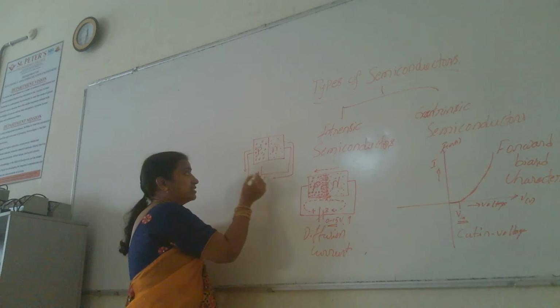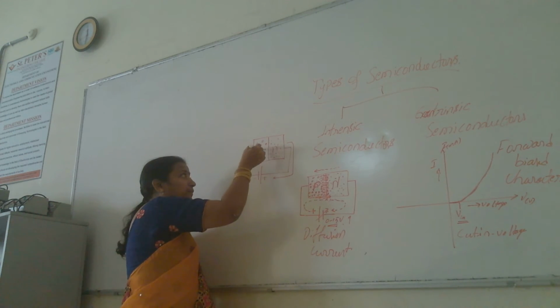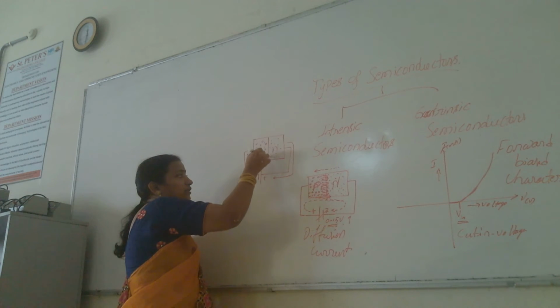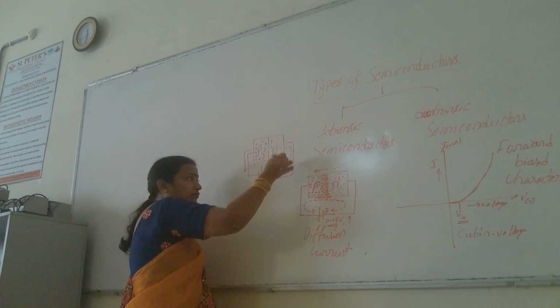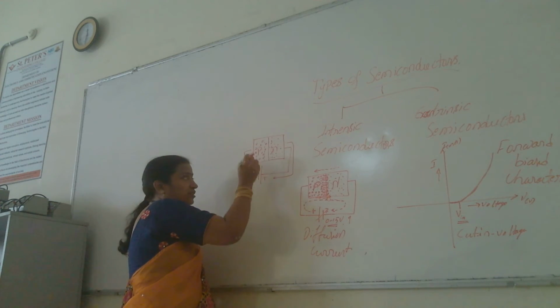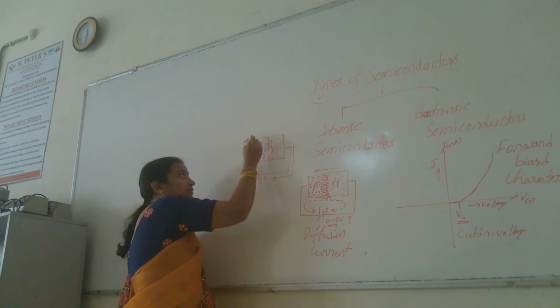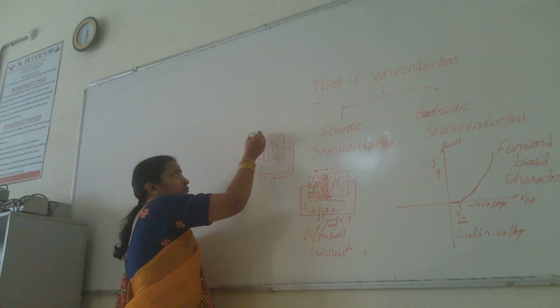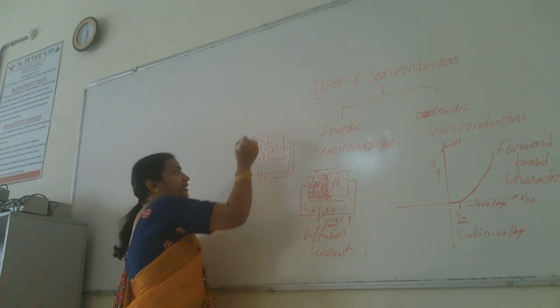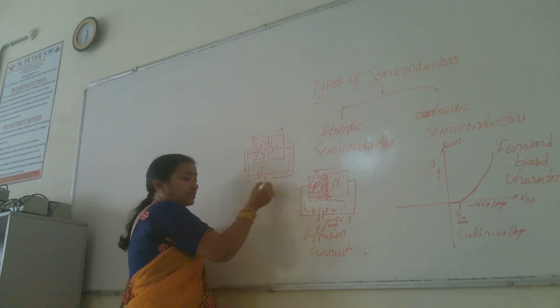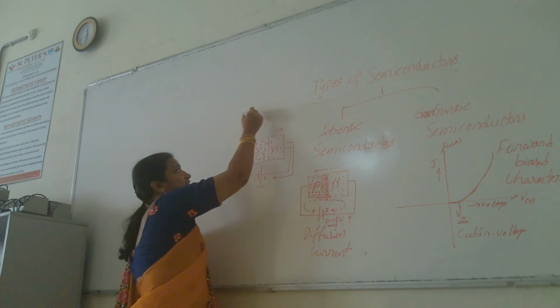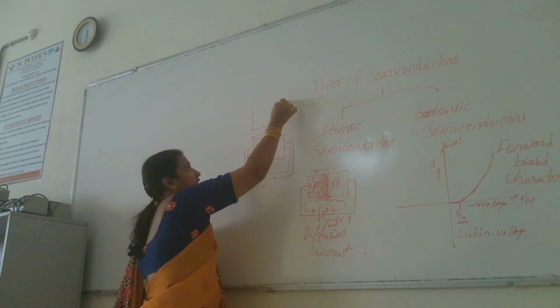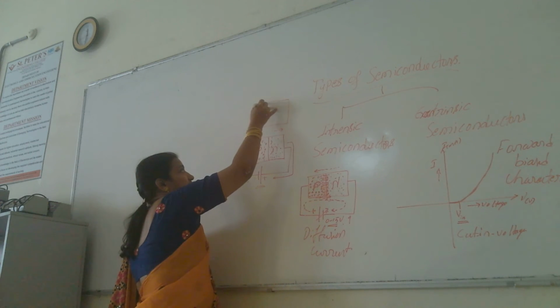Because of this, the holes move outward from this junction and the electrons also move outward from the junction. So whenever the holes diffuse towards the negative polarity and the electrons diffuse towards the positive polarity of the supply, the width of the depletion region is increased.